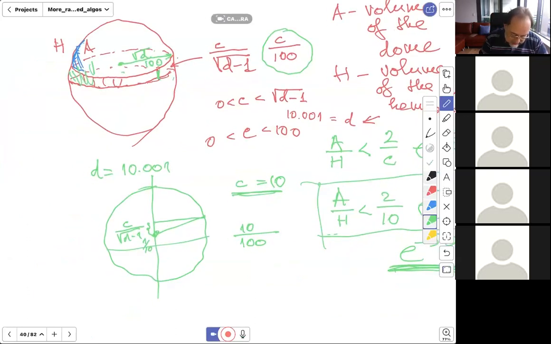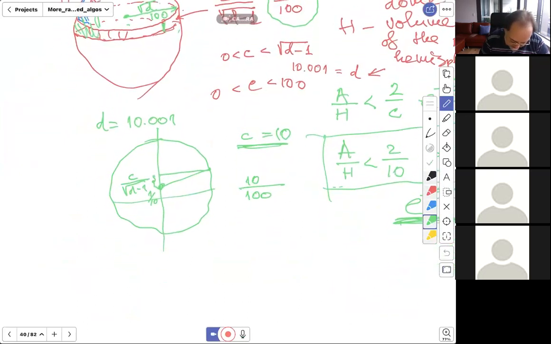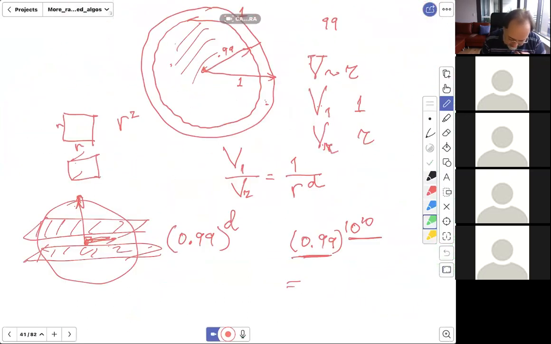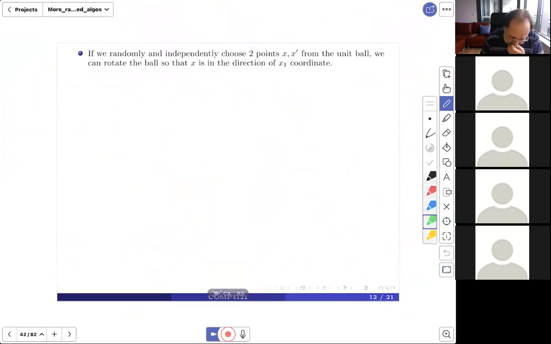Okay, so let me see what is next that we want to do. Next, I want to show you what kind of estimates you can get when you have several such vectors, because the more vectors you draw, the more likely things are to go wrong.